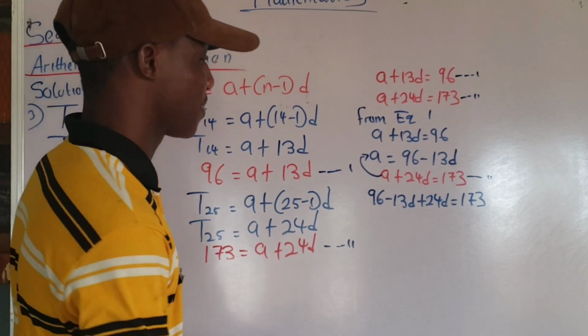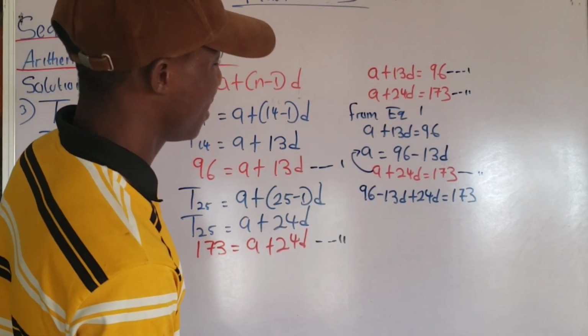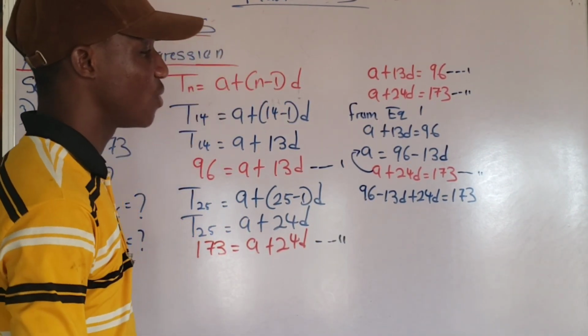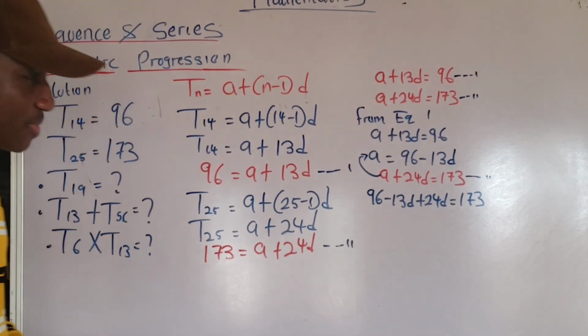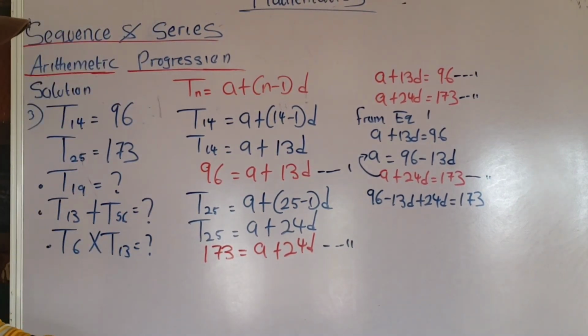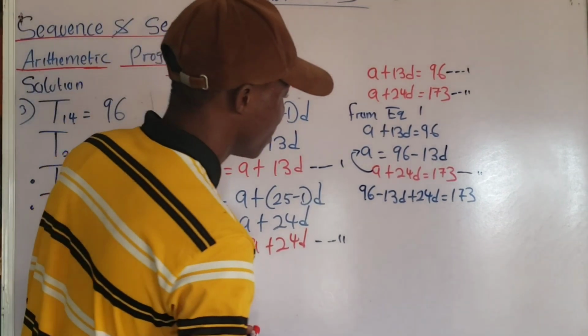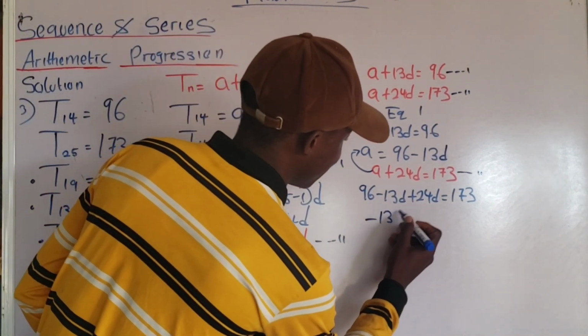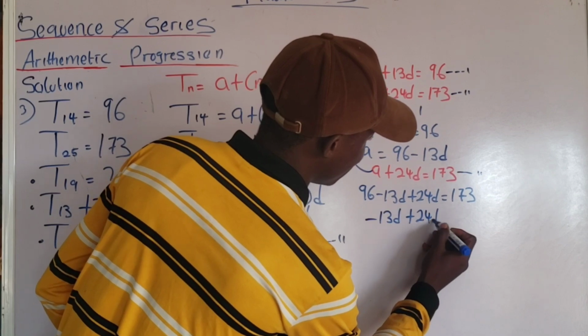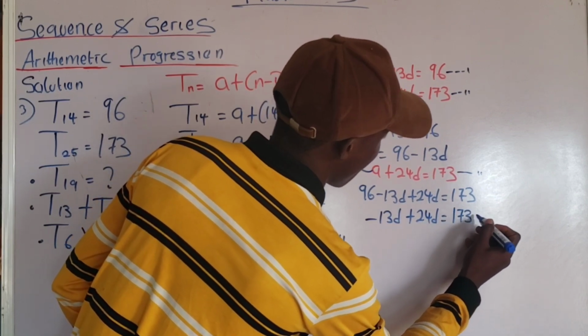Now the next step is that we need to determine the value of d. To get the value of d, we have to collect like terms. So I'm going to have negative 13d plus 24d equals 173 minus 96.